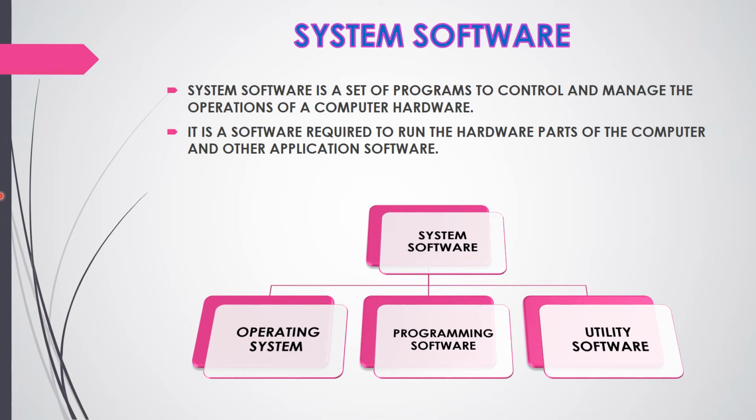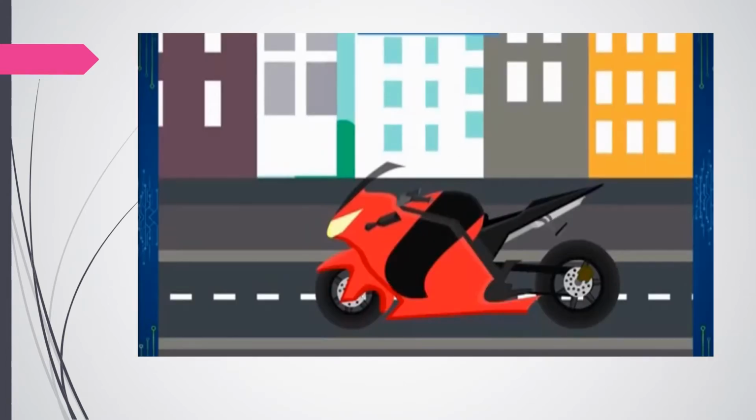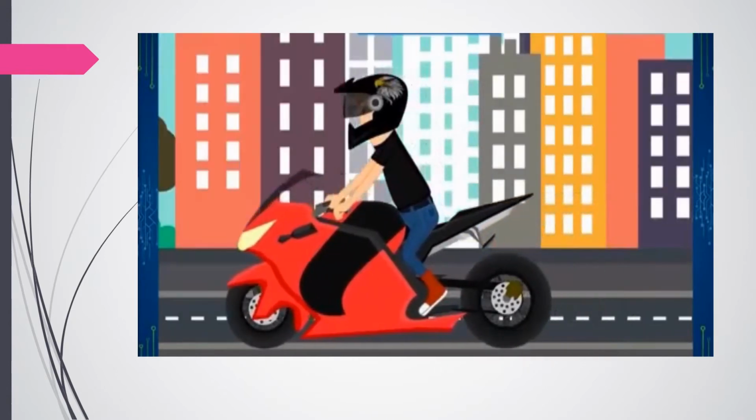Now what is operating system? Operating system is a part of system software that makes the computer work. Operating system manages and controls the working of the hardware as well as the software. Let's understand operating system with an example of a motorbike. You have a bike with petrol, but it does not move by itself until you drive it.